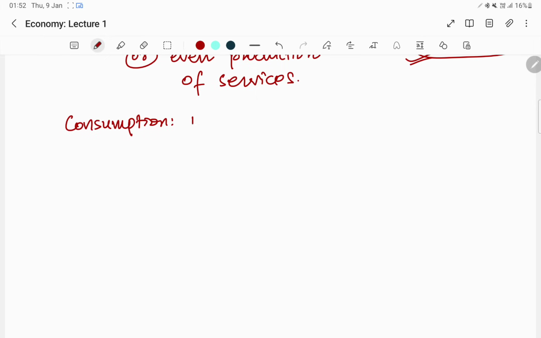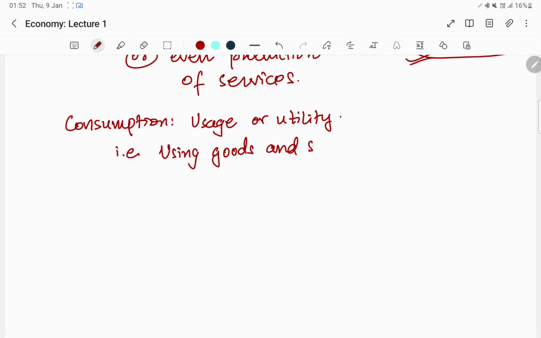So consumption is what? In simple words, consumption is nothing but usage or utility. What we understand by the word utility is using goods and services and giving satisfaction by their use.